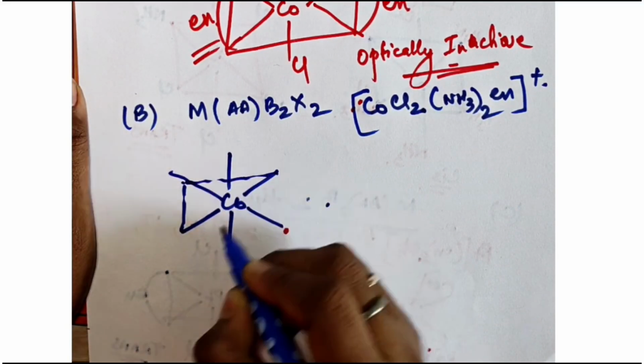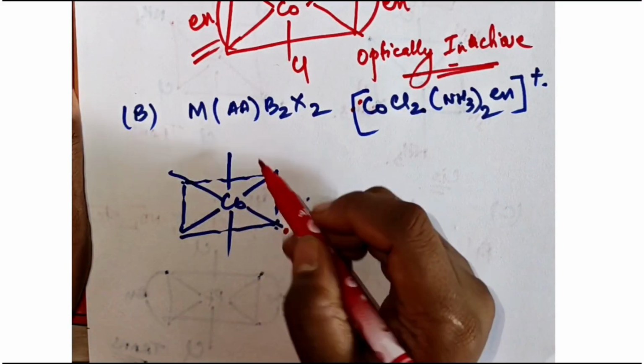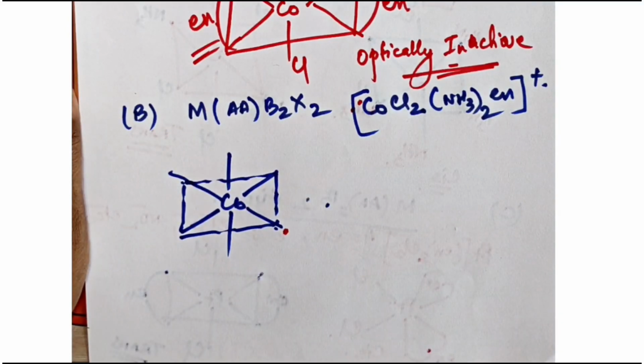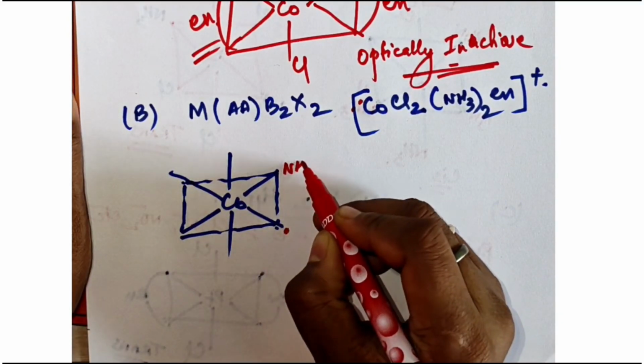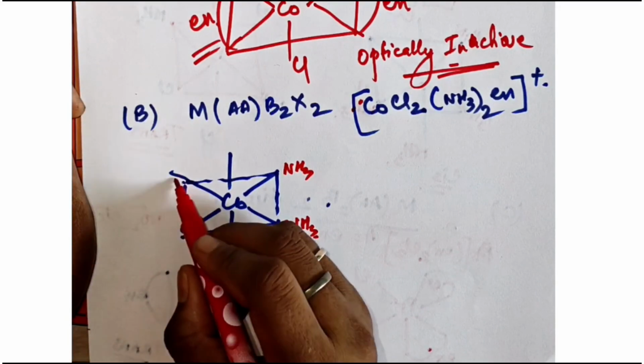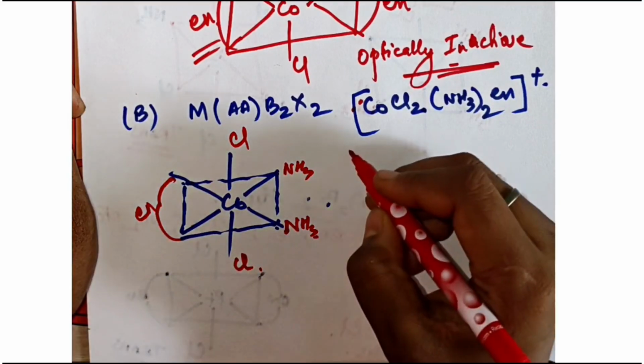There is a plane. Now decide where to put the ligands. Suppose this is NH3. Here this is en, and this is chlorine.